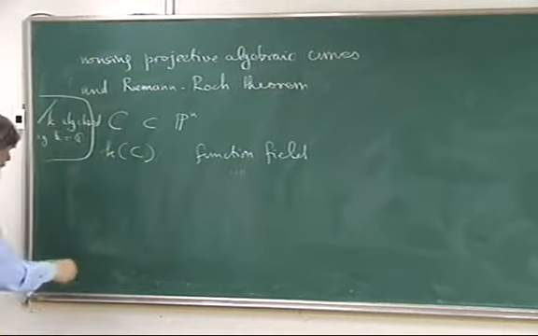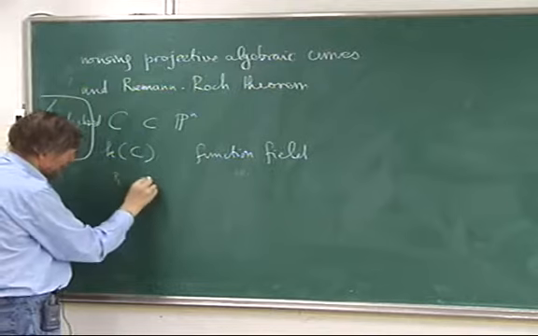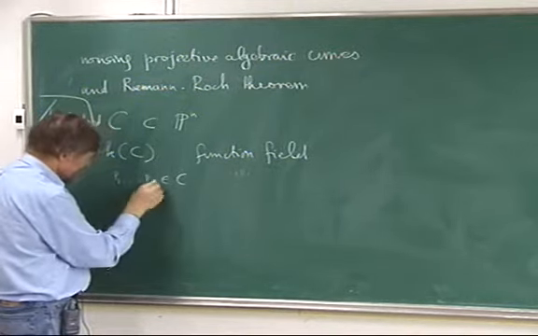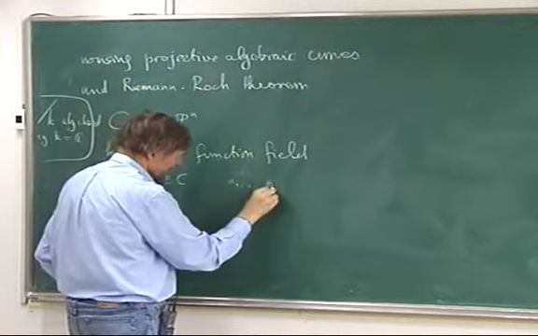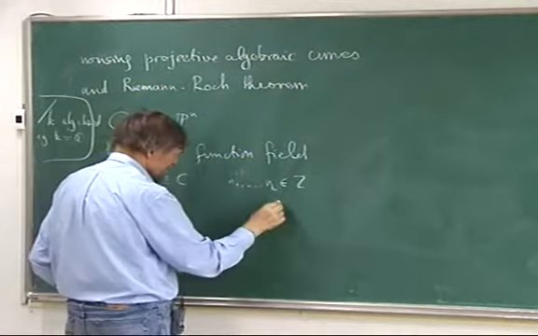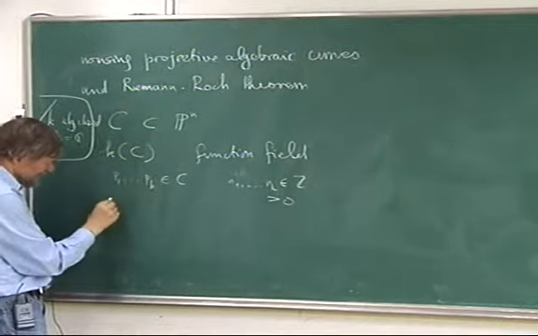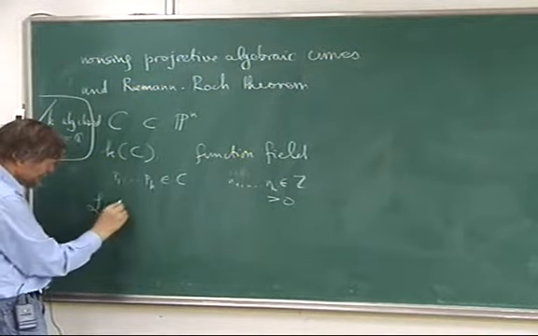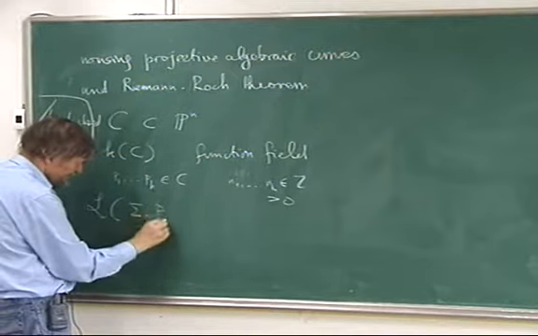So there's a function field, and then if I fix P1 up to Pk in C and N1 up to Nk in Z, let's say greater than 0, then I'm going to talk about L of the sum of NiPi.